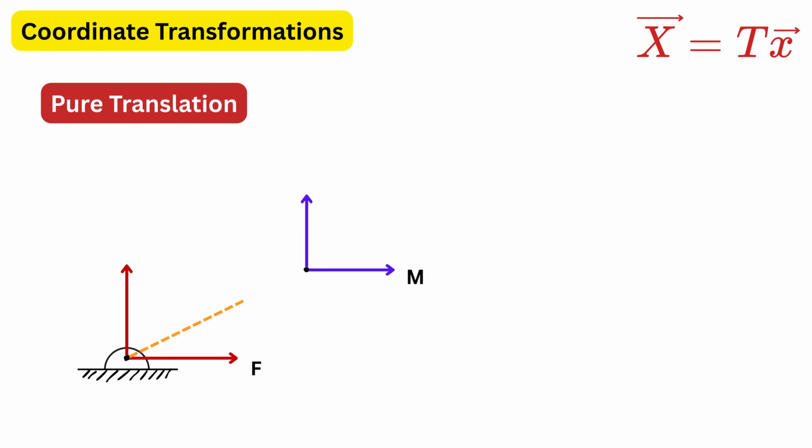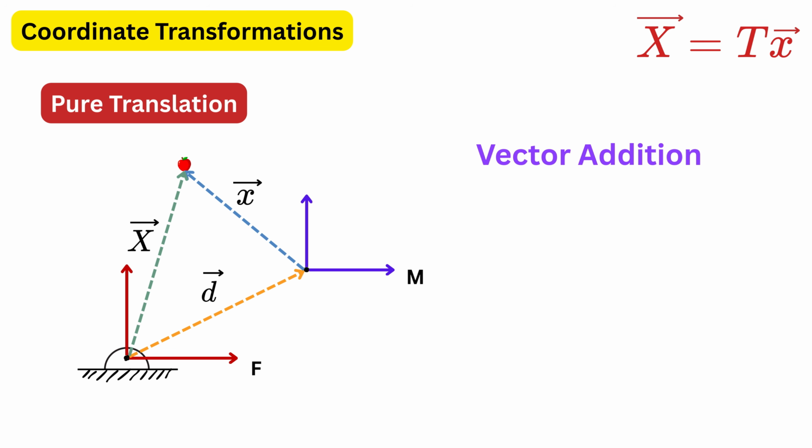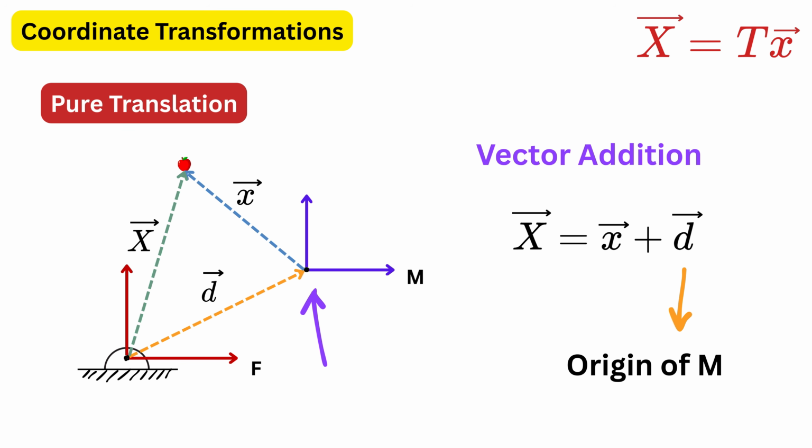We can easily notice that we have only translated from the fixed frame to the moving frame by a vector d. In this case, suppose if we have a point here which is defined as vector small x in the moving frame, then the vector big X of this point in the fixed frame can be found simply by adding the translation vector such that big X equals small x plus d. Here, d is simply the origin of the moving frame, expressed in the fixed frame.